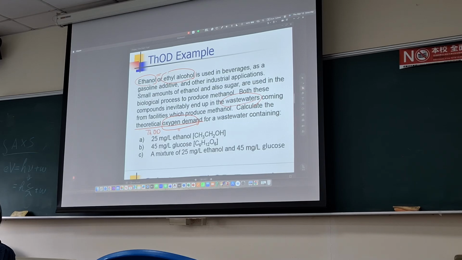Okay? So question A asks us the ethanol. Okay, ethanol. So C2H5OH. And we also need to assume complete oxidations. So this is 3 O2 and 2 CO2.